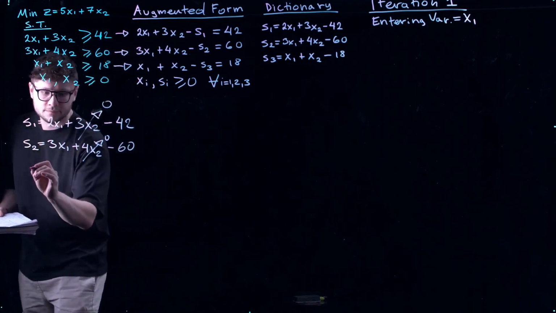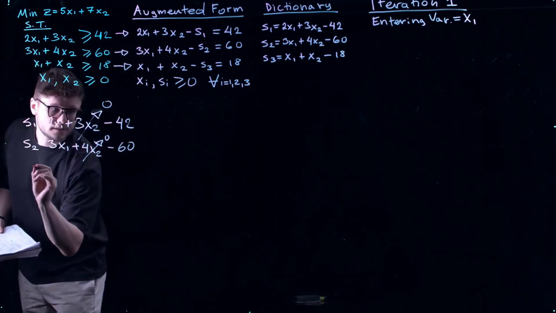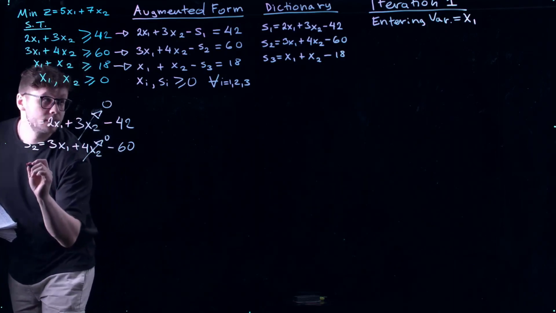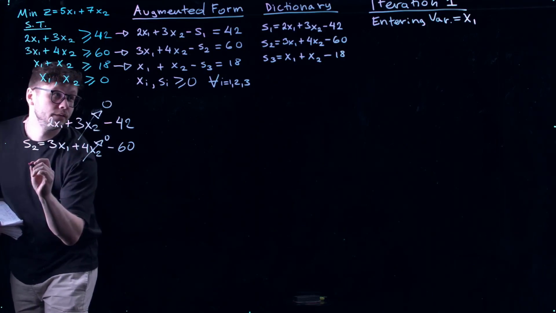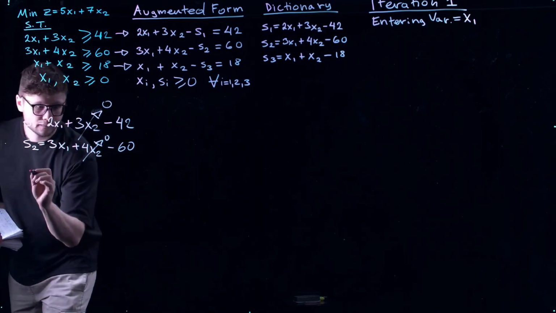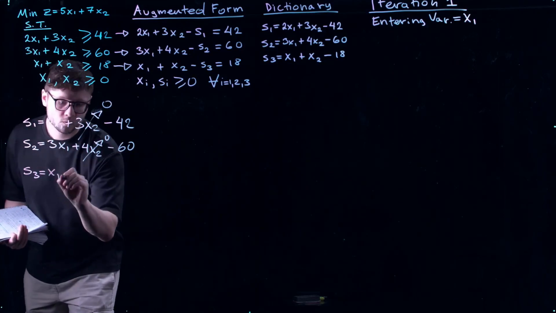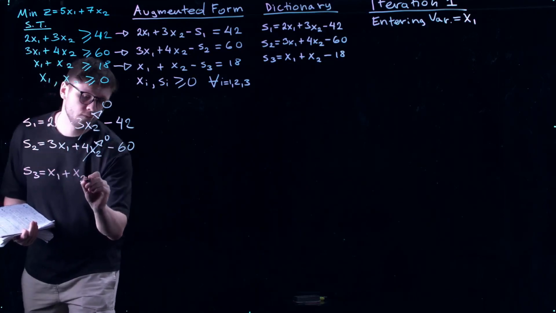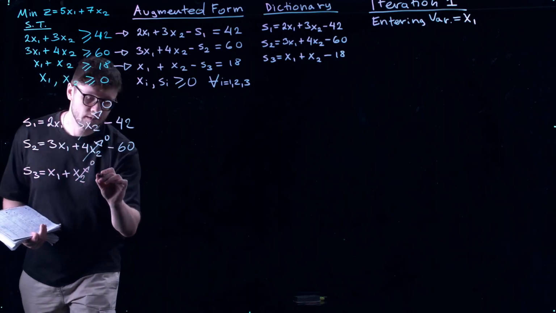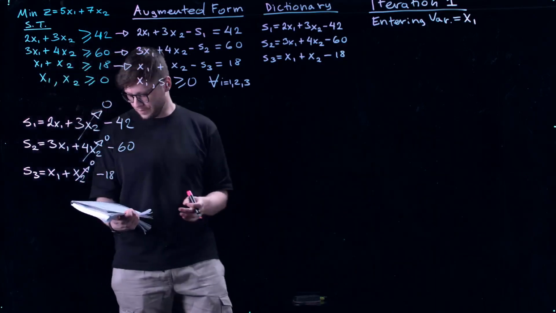Then S3 is going to equal x1 plus x2, which again goes to 0, minus 18. Feel free to fast forward through these steps if you're very familiar with them.